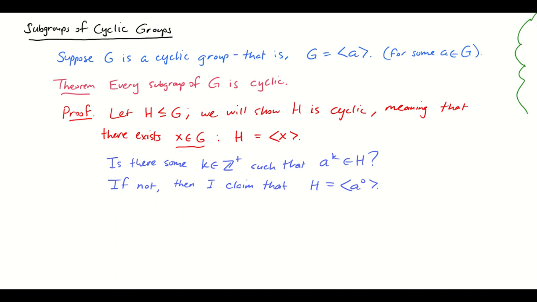Okay, but I need to prove this because, well, there is another possibility. I could have 0, and I could also have negative exponents. But I think that's going to turn out to be false. Okay, so here's why.